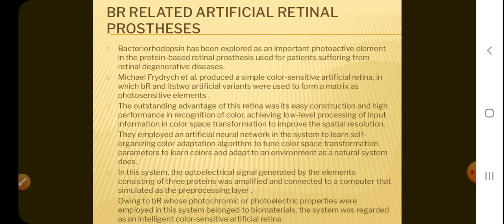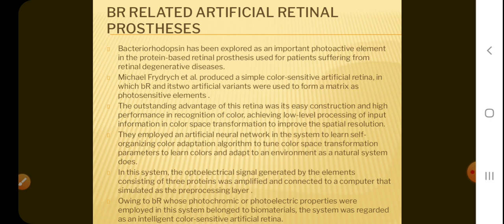Now, a very important biomedical application of Bacteriorhodopsin is the artificial retinal prosthesis. Bacteriorhodopsin has been explored as an important photoactive element in the protein-based retinal prosthesis, for patients who are suffering from retinal degenerative diseases. The researcher who pioneered this work is Michael Friedrich.